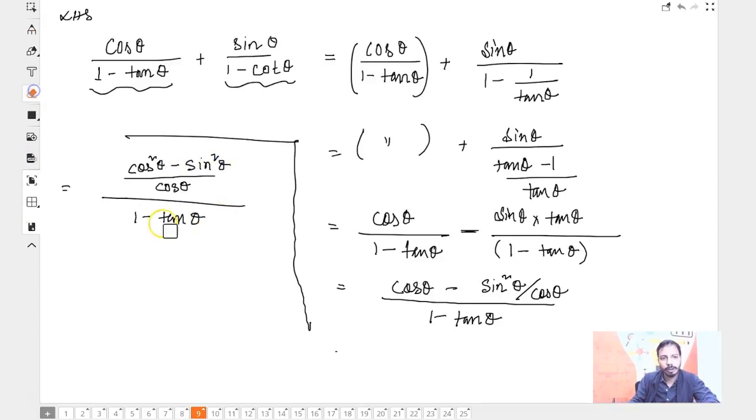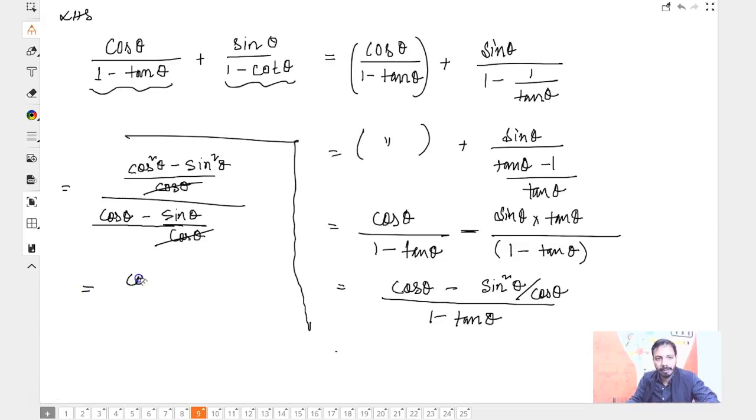And I can also try to modify this. So tan theta can be written as sine theta by cos theta. Okay, and now if I take this LCM here, this will change to cos of theta minus sine of theta. Okay, so now you see this and this will get cancelled.